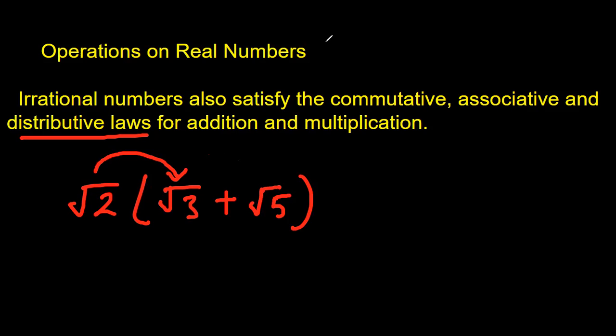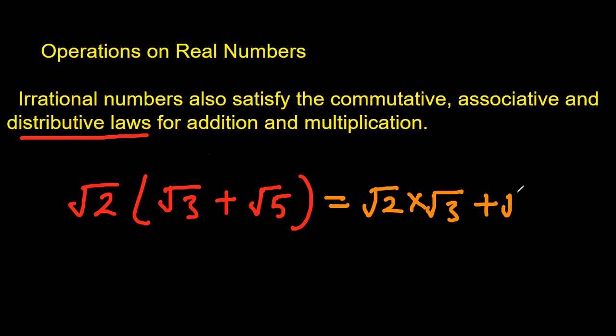So this should be equal to root 2 into root 3 multiplied and then plus in between root 2 into root 5. This is what we call distributive law of multiplication, right?